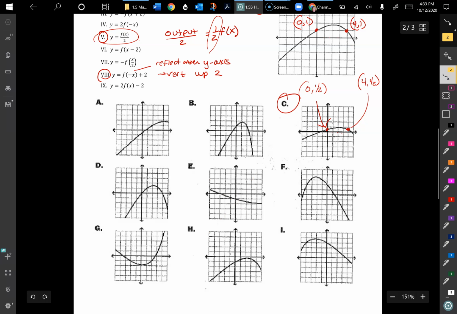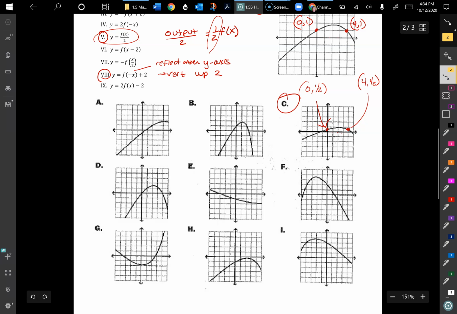No. You can narrow them down a lot. Okay, so I'm going to look at these two because that's what I'm thinking. But not only do I have to have that reflect, I have to have a vertical shift up too.